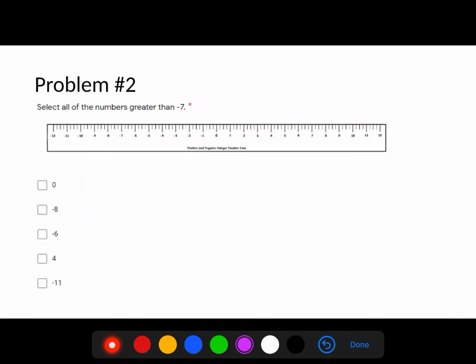Next one, question 2. Select all the numbers that are greater than negative 7. Once again, greater numbers are to the right. So you have this little number line here that looks like a ruler. Here you have negative 7. Anything to the right of negative 7 is greater than negative 7, right? Anything to the left is less than, but it's asking for greater than negative 7.